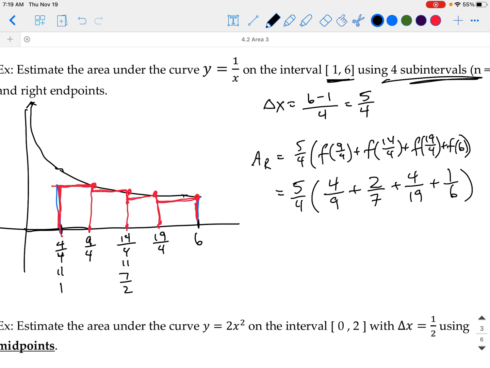Okay. And this one is obviously one that you're probably not going to be required to do without a calculator, because the common denominator here is going to be quite messy. So we can go ahead and put this into our calculator and see what we get.